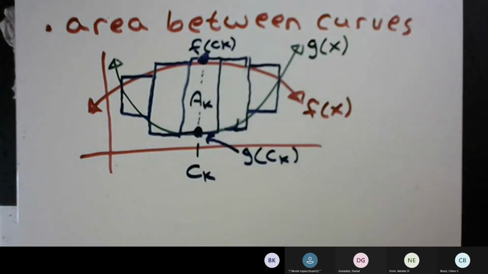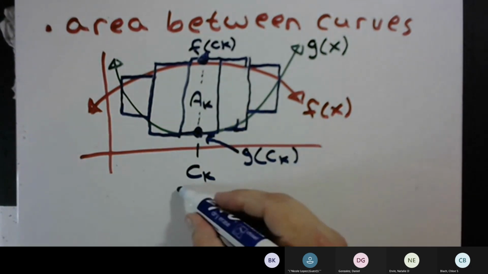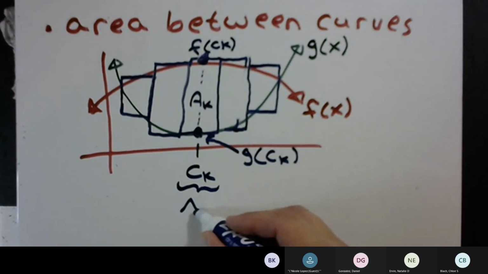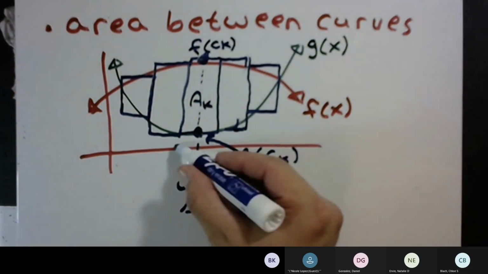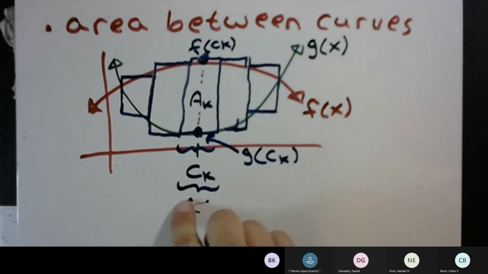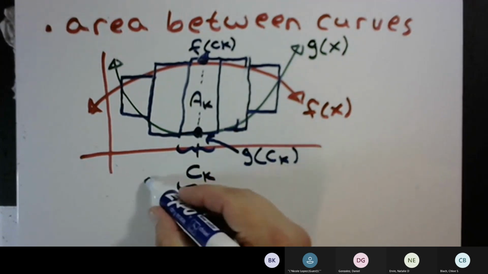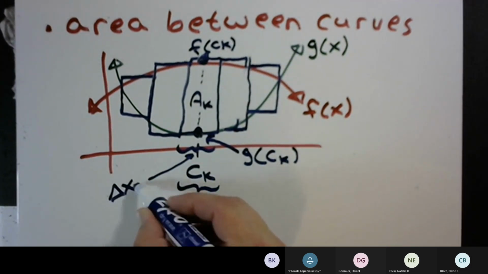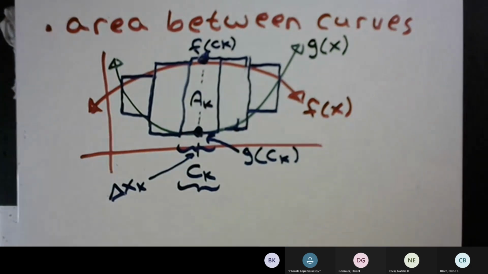And then the width of this rectangle, I'll label it off to the side, delta xk.